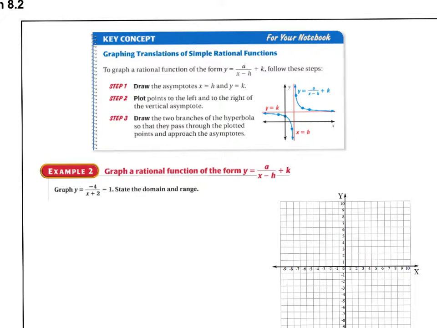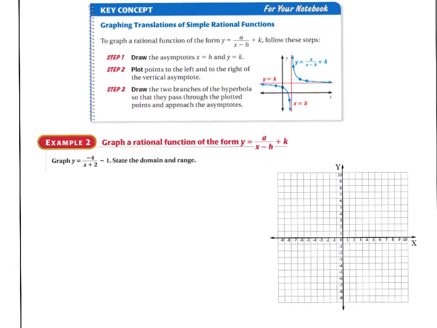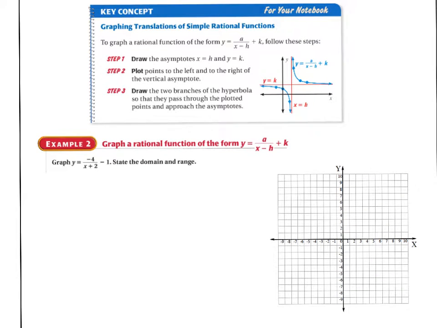So let's go ahead and get started with this example we see in example 2. So we have y equals -4 all over x plus 2 and then minus 1, which is your k value. As always, your first job is to draw your asymptotes, and those come from your value of h.